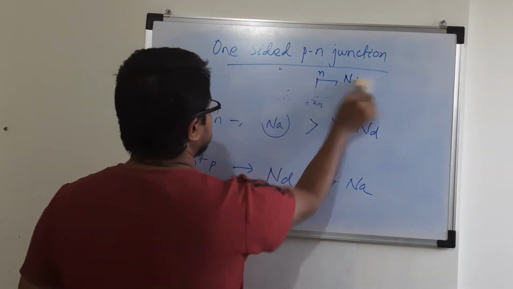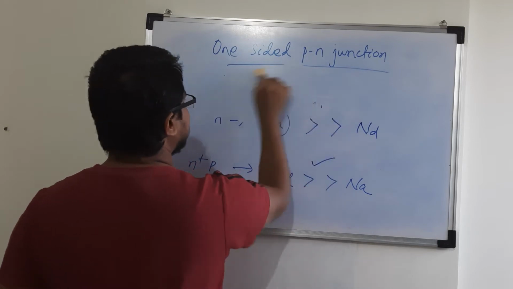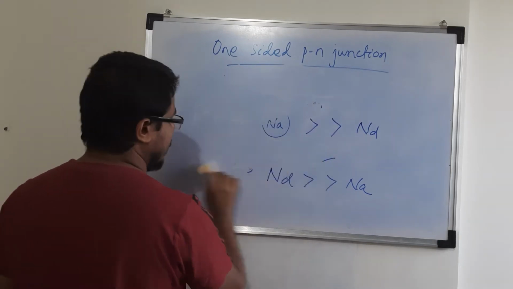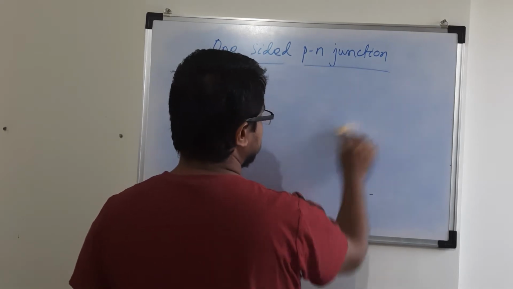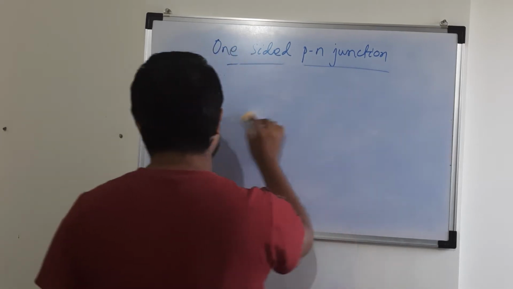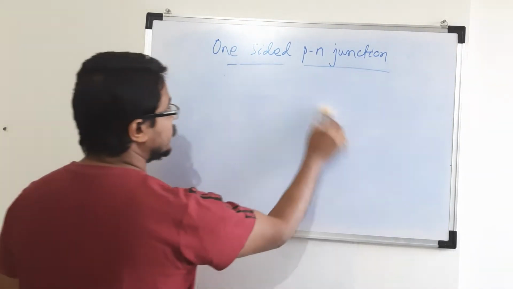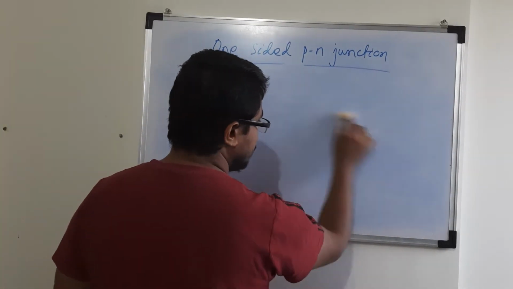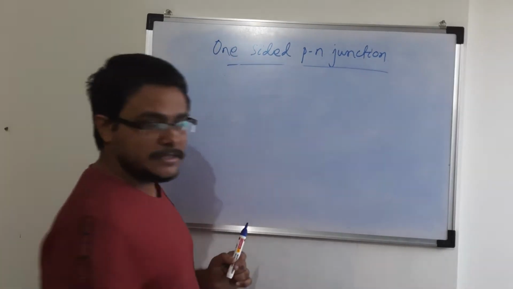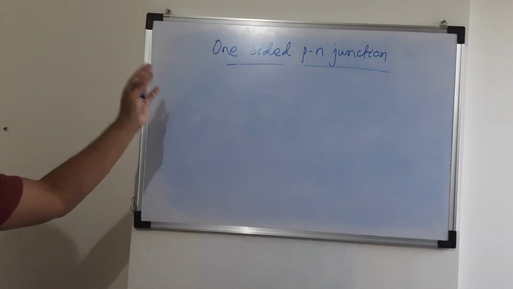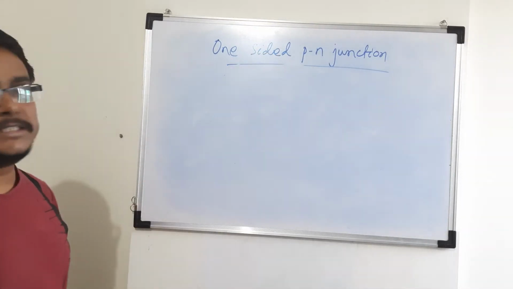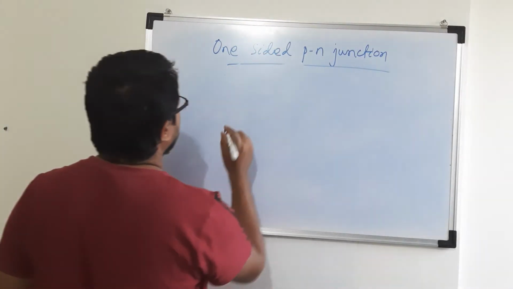So let me write the values of xn, xp, W, C dash, one by one for the reverse applied bias condition in a PN junction. In a normal PN junction, both the P region and N region are uniformly doped, and then we will extend it to the one-sided PN junction.